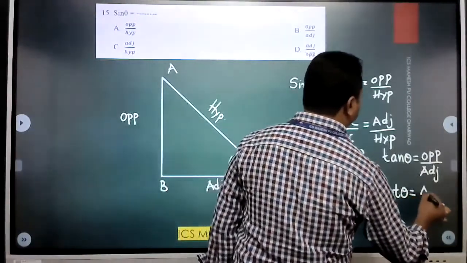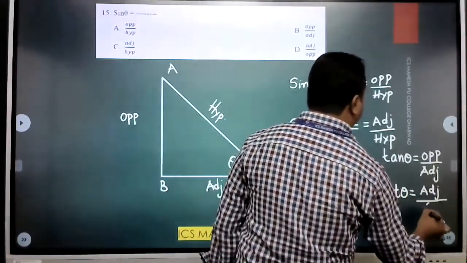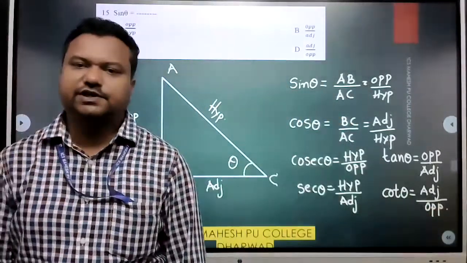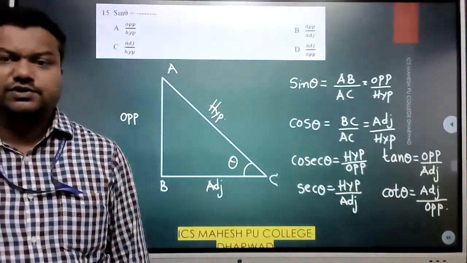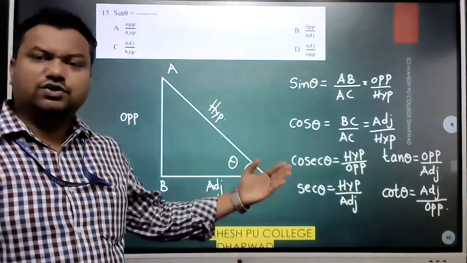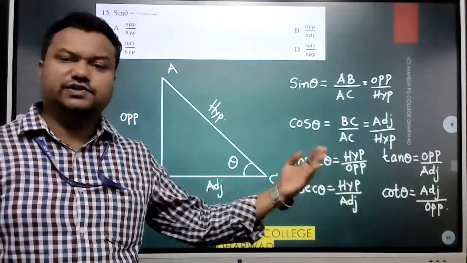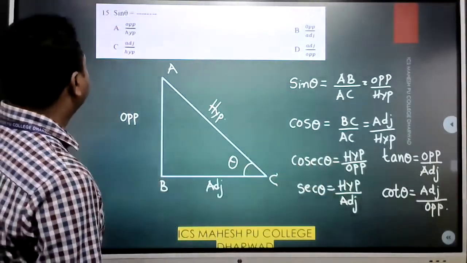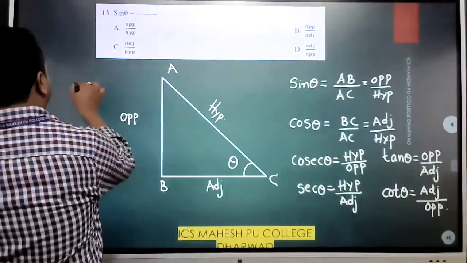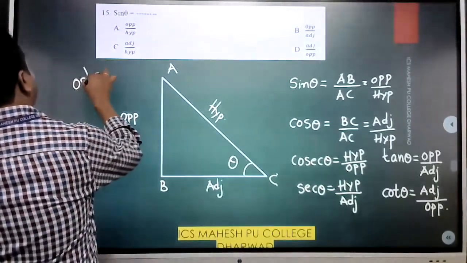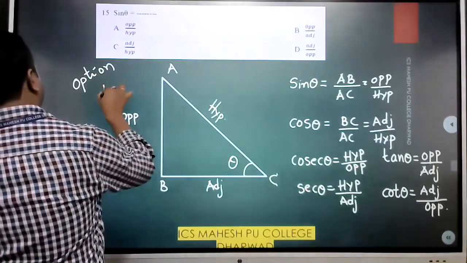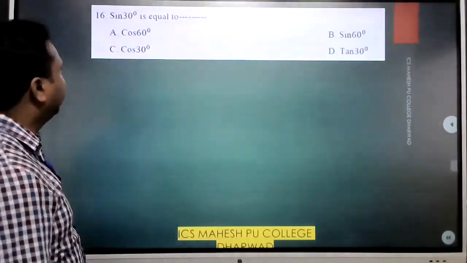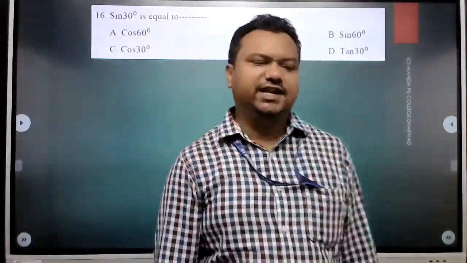Reciprocal of the tan function, adjacent by opposite. Done. So that's a simple way of understanding the trigonometric functions. Please notice sine theta, cos theta, cosecant theta, secant theta, tan theta as well as cot theta. Right? Let's go for the next question. In this case, my answer is option A, opposite by hypotenuse, the correct answer.